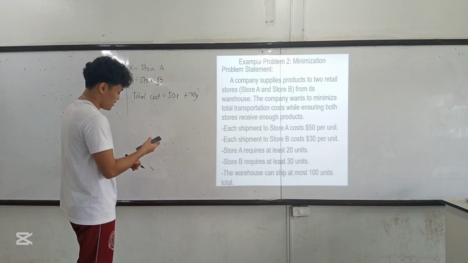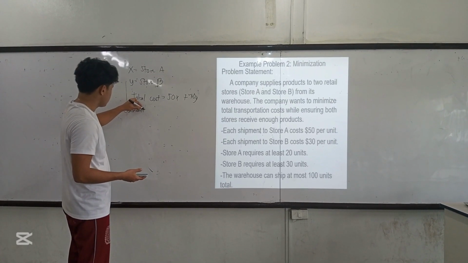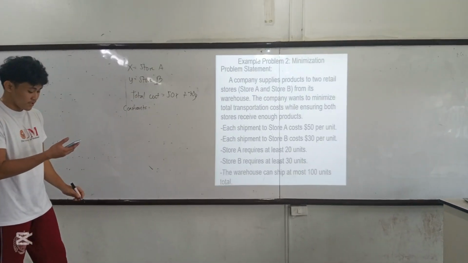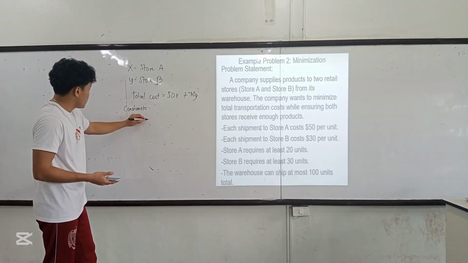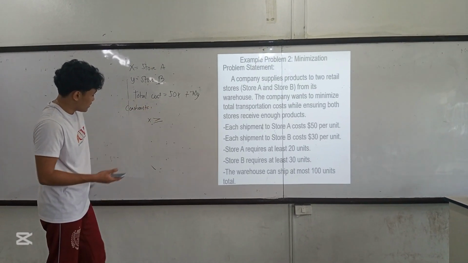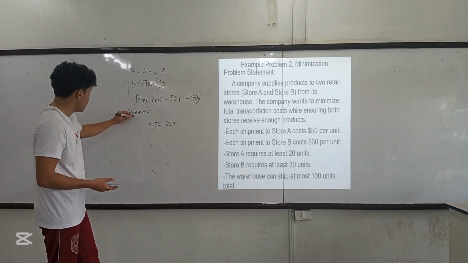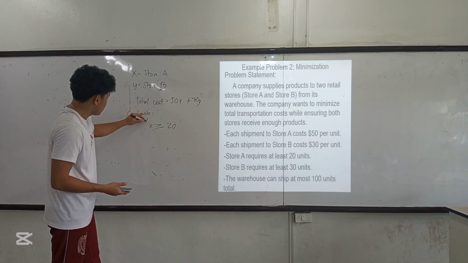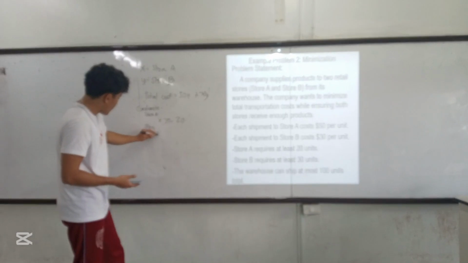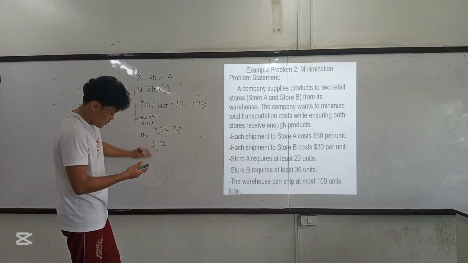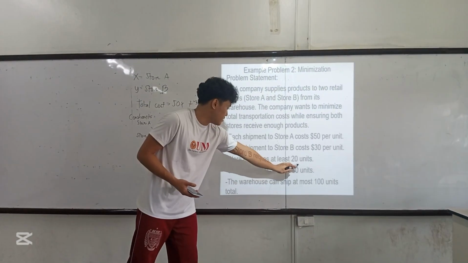Then we write the constraints. The constraints are: store A must receive at least 20 units, so x is greater than or equal to 20. While store B requires y is greater than or equal to 30.